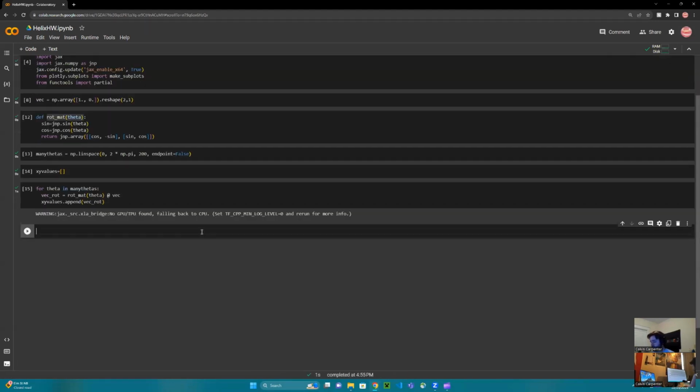So now we're going to replace our XY values by, yeah, concatenate. Yes. Thank you, Python.